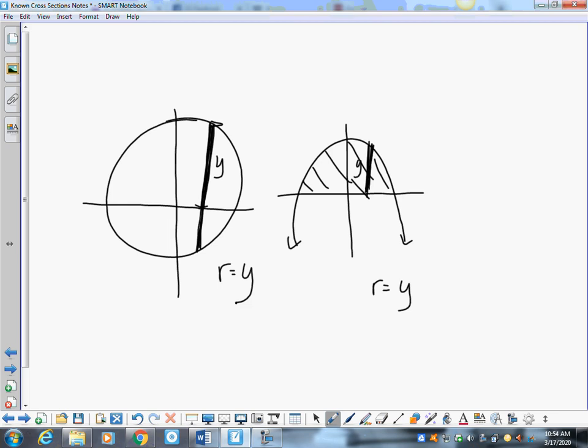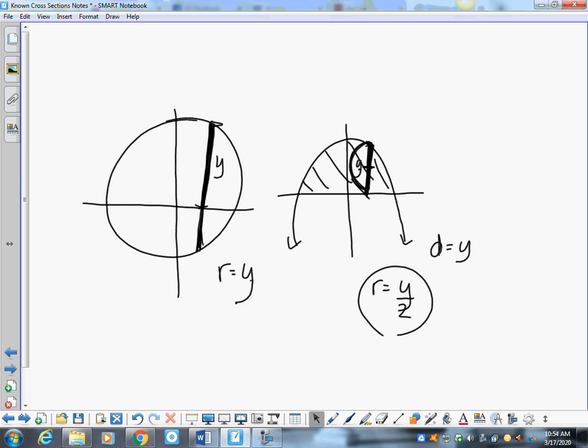If this is the whole semicircle, the whole distance is y, the diameter is y, the radius is y over 2 because it's only half that distance. So be careful. If your figure straddles the x-axis, then your radius is y. But if your figure sits completely above it, then your radius is just going to be half of y.